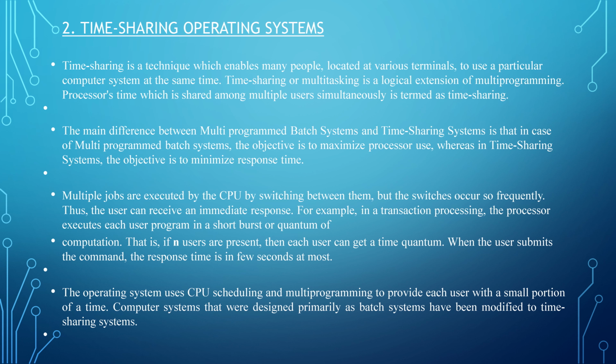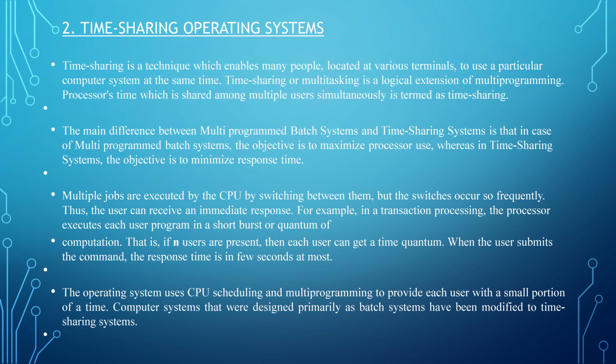Multiple jobs are executed by the CPU by switching between them, but the switches occur so frequently that the user can receive an immediate response. For example, in a transaction process, the processor executes each user program in a short burst or quantum of computation. That is, if n users are present, then each user gets a time quantum.